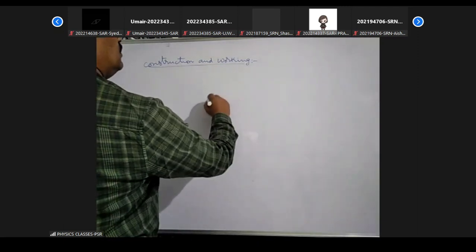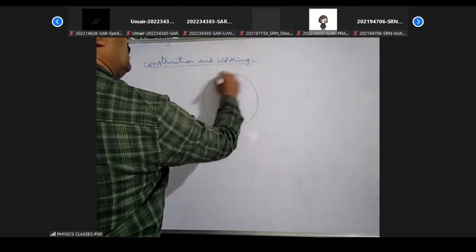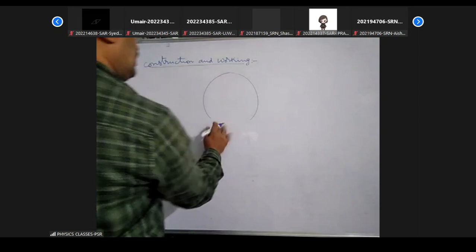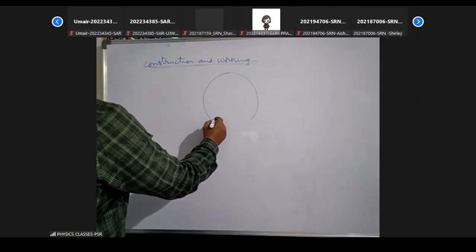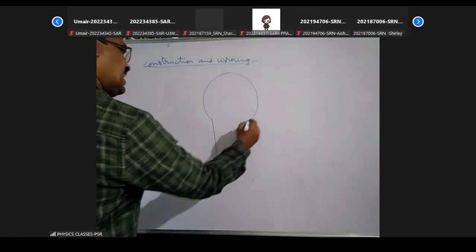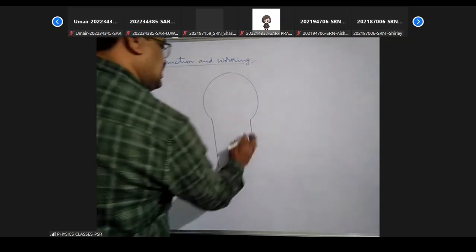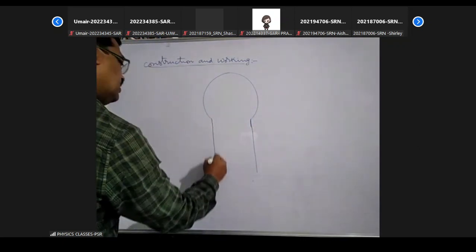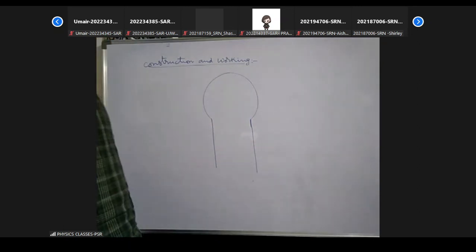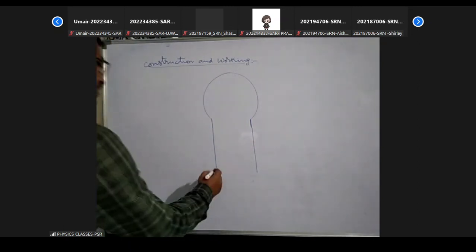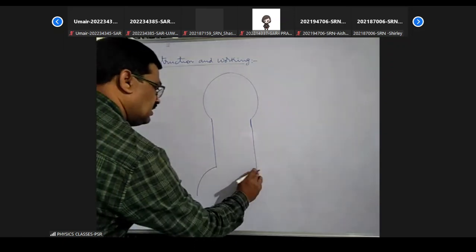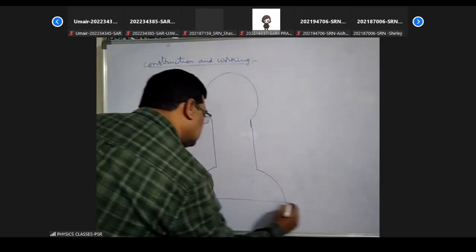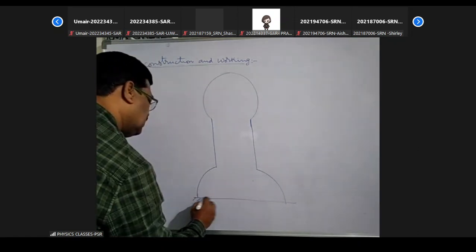Here it has a big sphere like this. At the lower end, it is connected to an insulating stand, and this is kept on the ground.